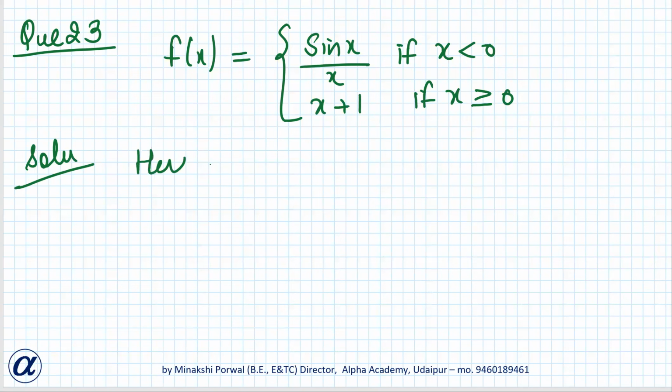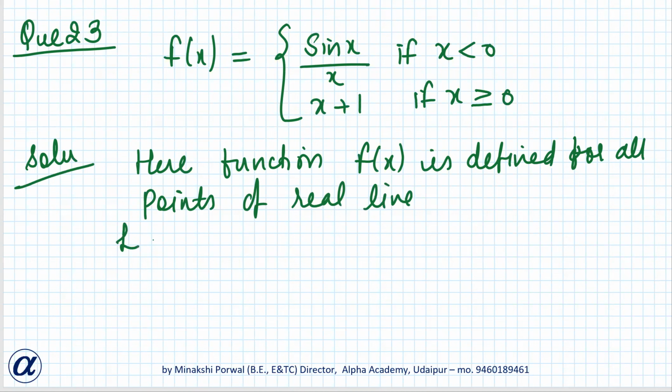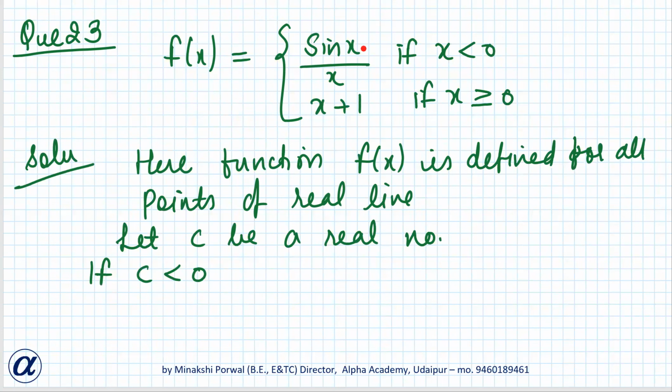Here function f(x) is defined for all points of the real line. Let C be a real number. Now, if C is less than 0, the value will be sin x upon x.